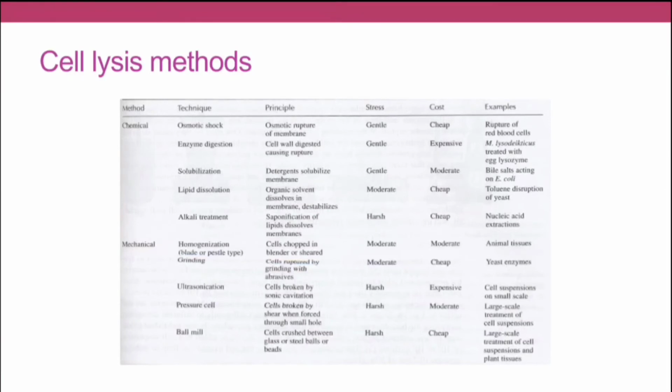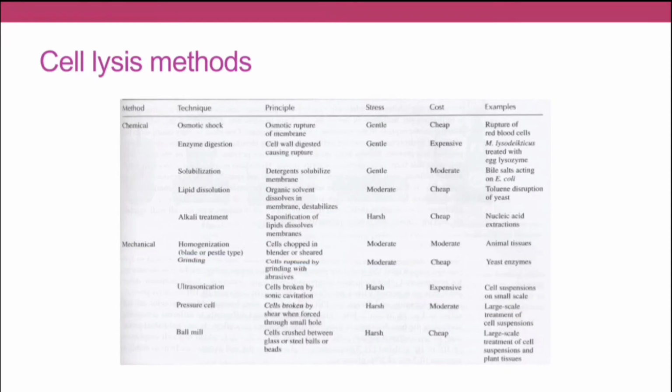The stress is gentle, but the cost is very expensive because enzymes have to be purified from the plant cells, animal cells or bacterial cells, and then after purification they are used. That's why it has a very high expense ratio.